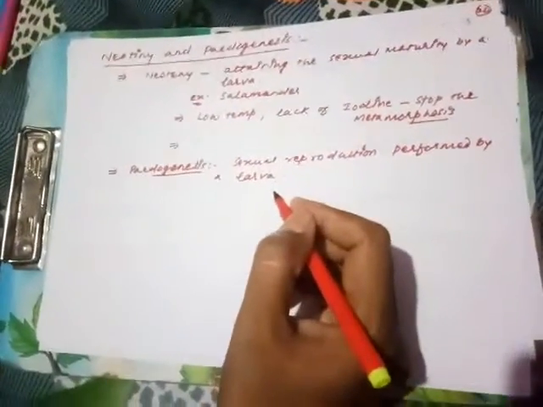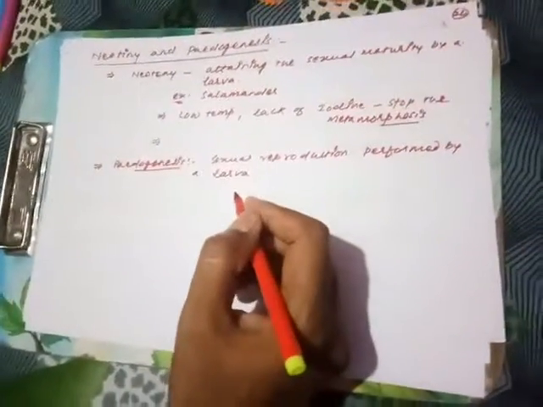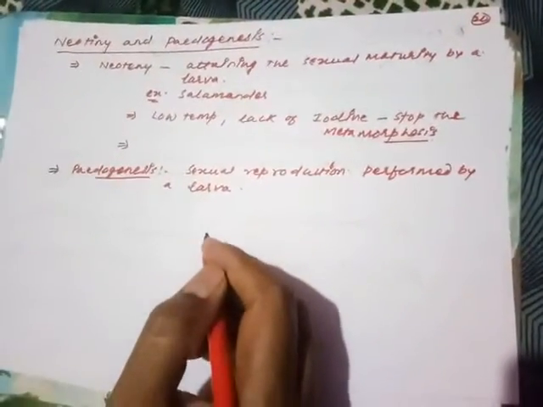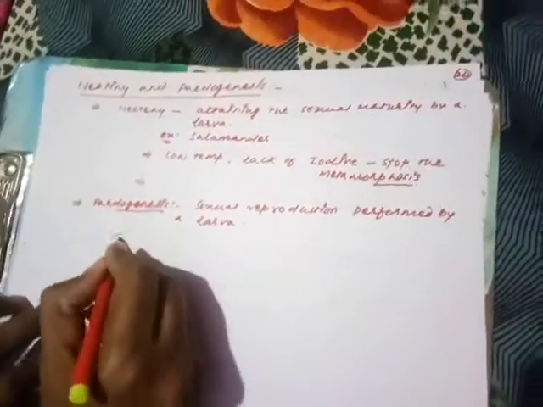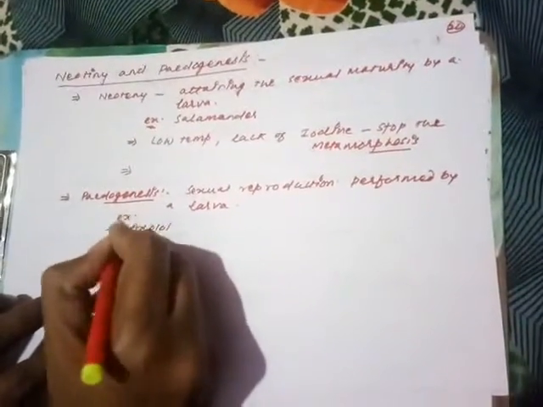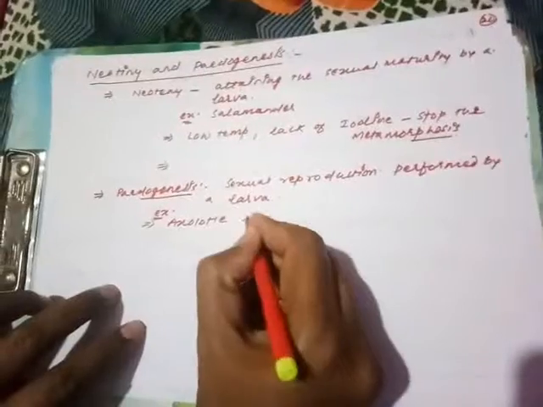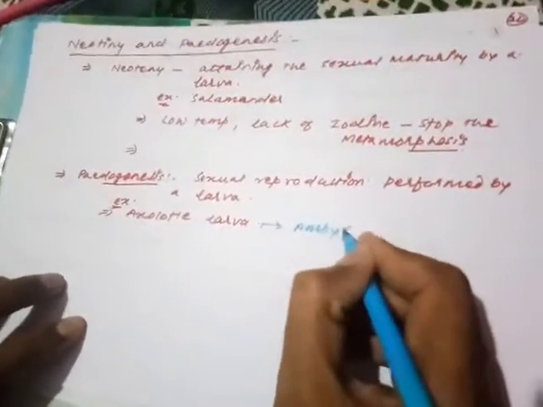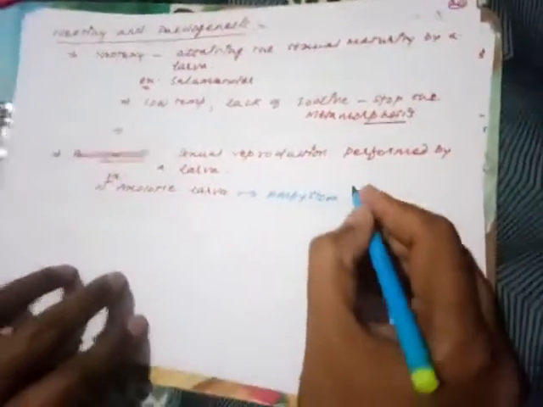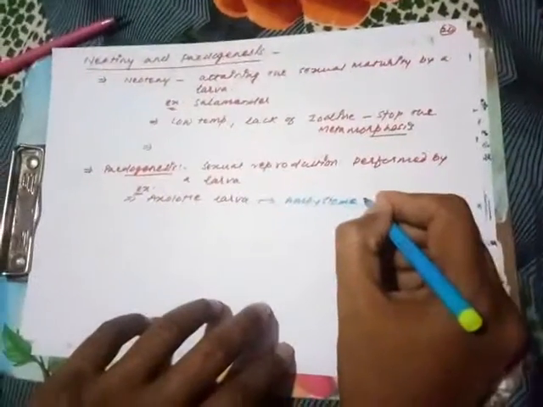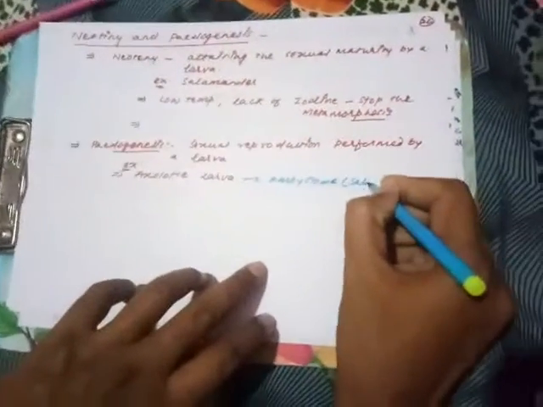Means what? Once the sexual organs are developed and sexual maturity is attained due to neoteny, the larva may perform sexual reproduction also. That is called what? Pedogenesis. The example is axolotl larva. This is the larva of Ambystoma, normally called salamander.